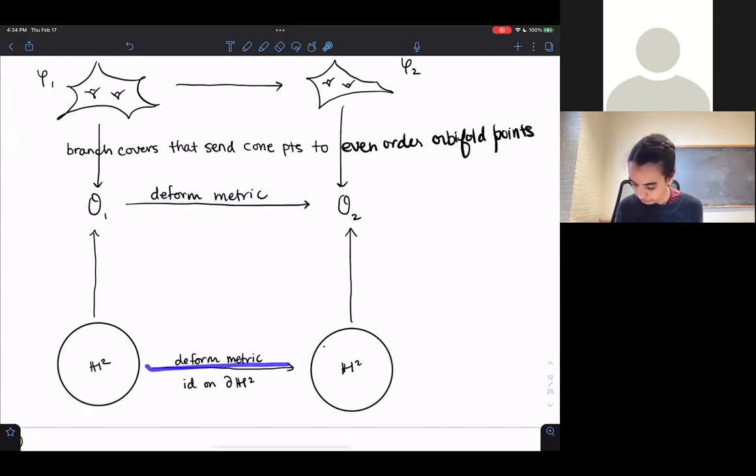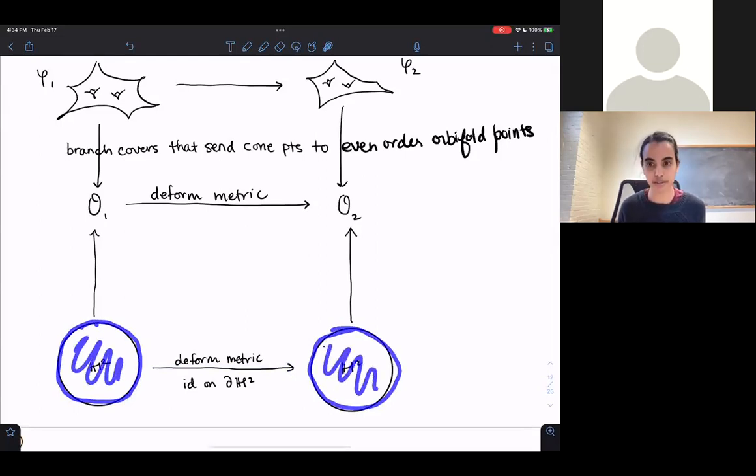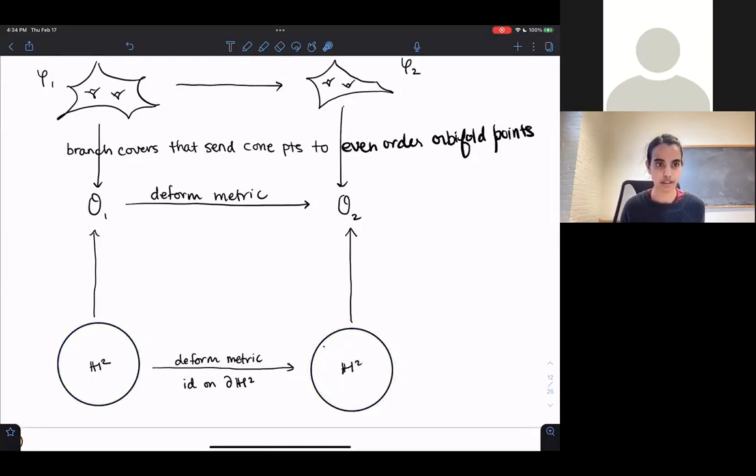This map deforms the metric, but it's the identity on the boundary. It's deforming on the inside. And here we have pi1 O acting. I'm just going to write O, because pi1 O1 and pi1 O2 are the same. They have the same orbifold fundamental group.